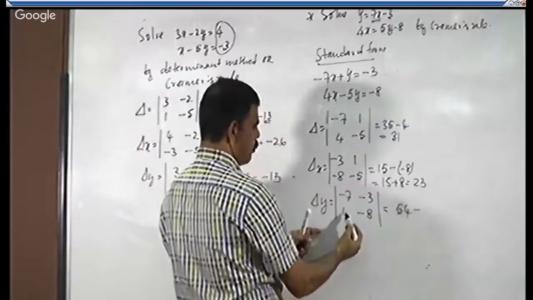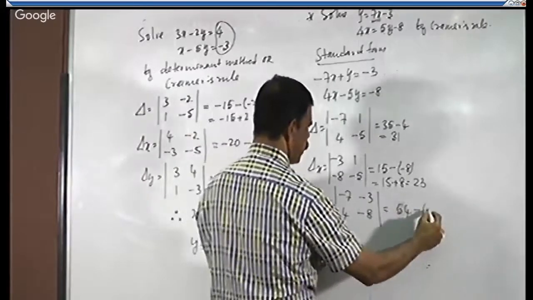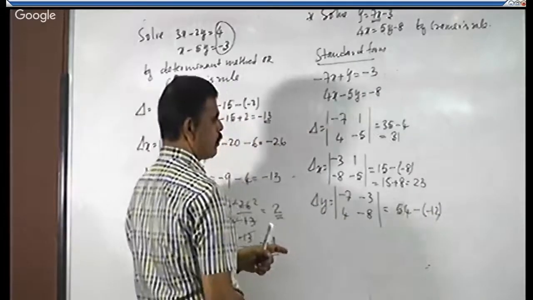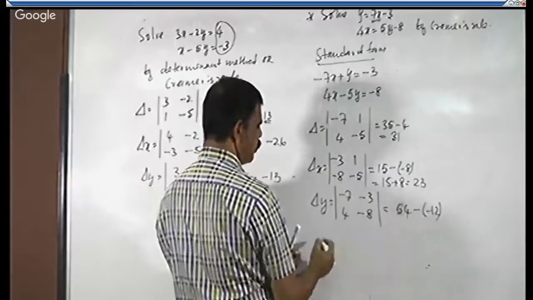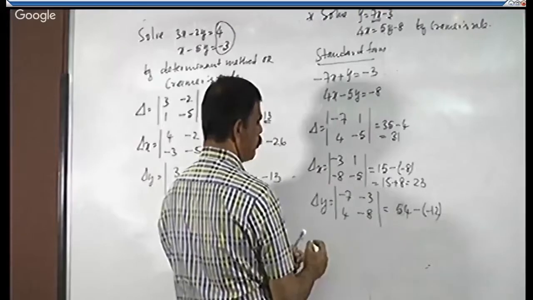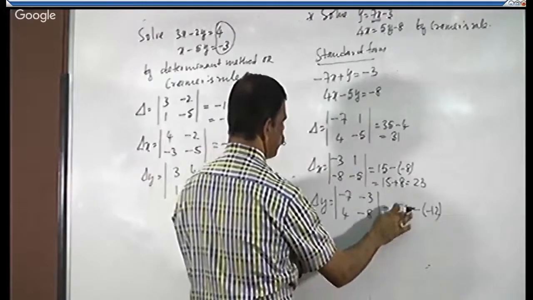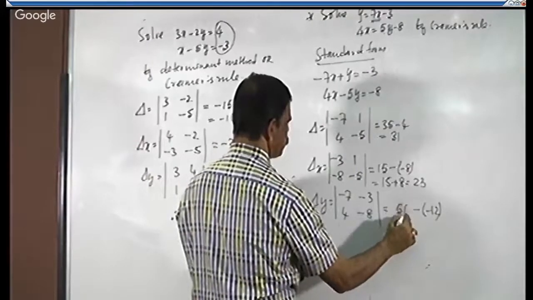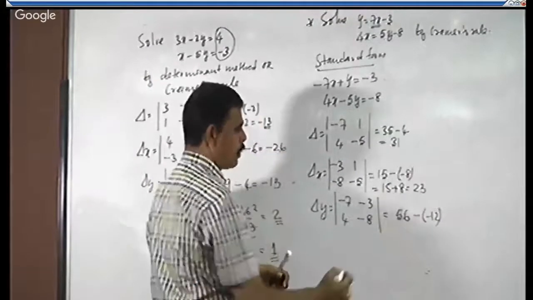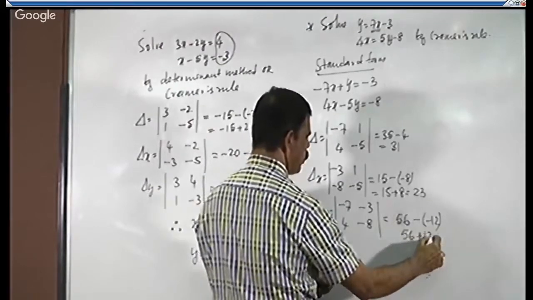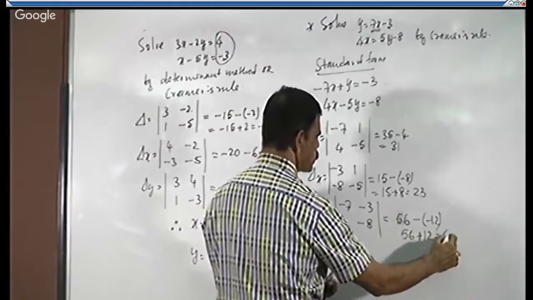Minus 4 into minus 3, minus 12. Minus into minus plus 12, it is equal to 68.